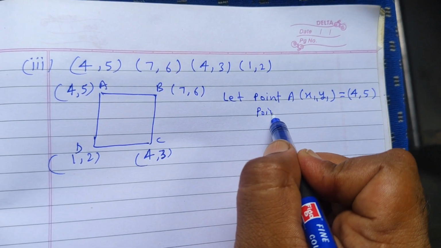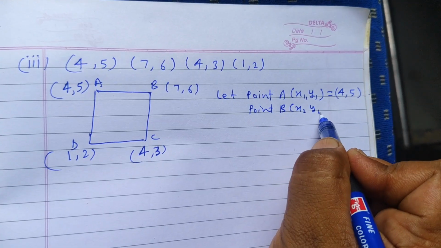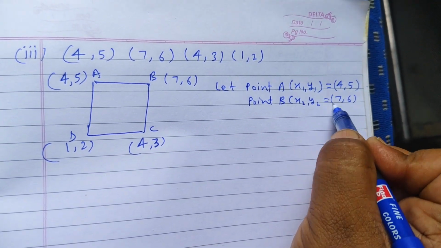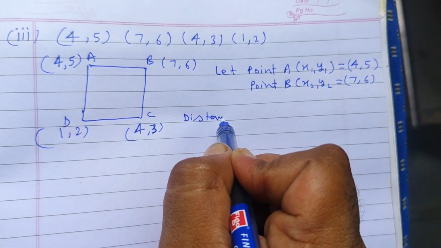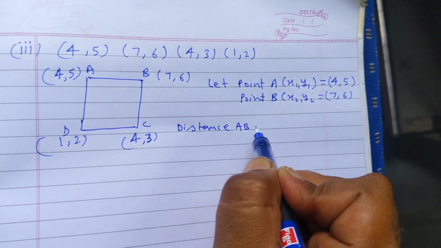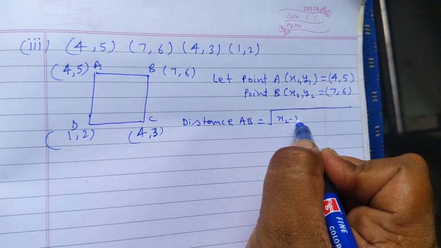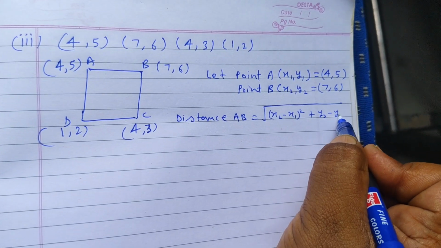Point B (x2, y2) is 7 comma 6. Distance AB is given by x2 minus x1 and y2 minus y1.